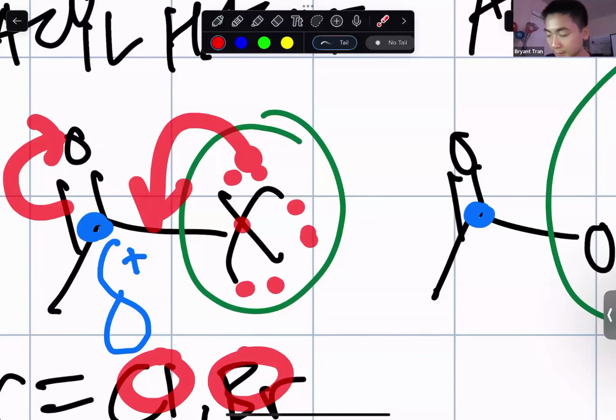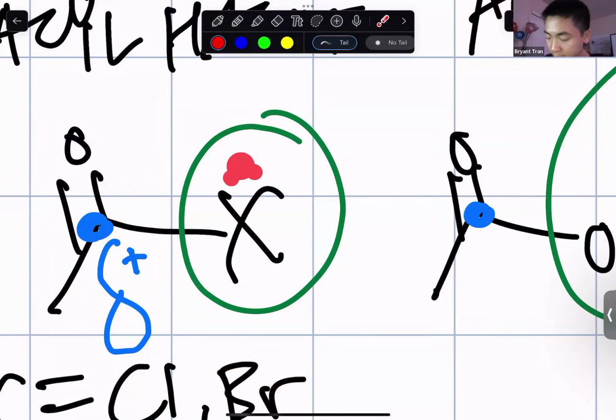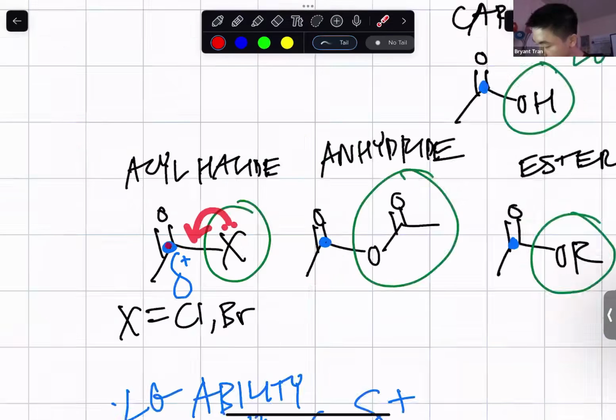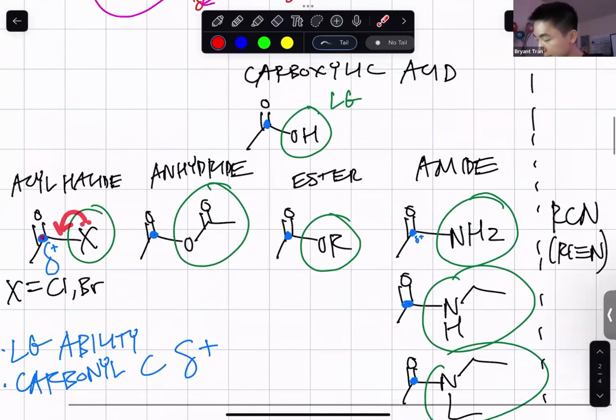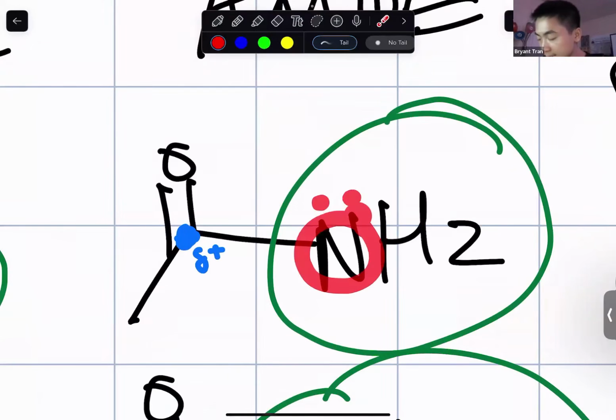So they can't do resonance well with this carbonyl. And if they cannot do resonance well with the carbonyl, they're not donating electrons to the carbon, meaning that this carbon here is not gaining negative charge, right? Whereas if you look at the amide over here, nitrogen has a pair of electrons, and it's less electronegative than the halogen or oxygen is.